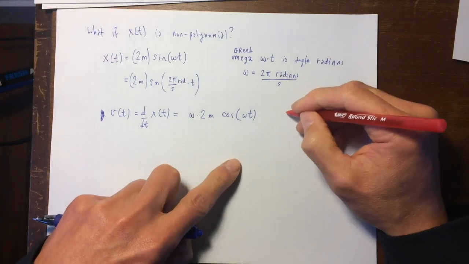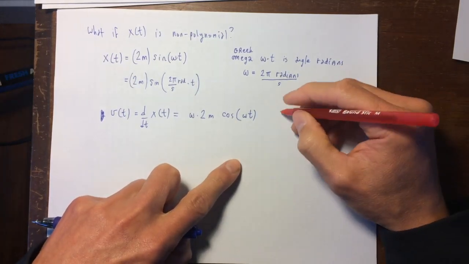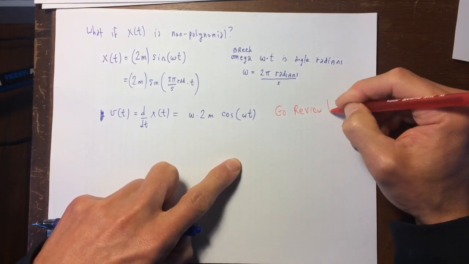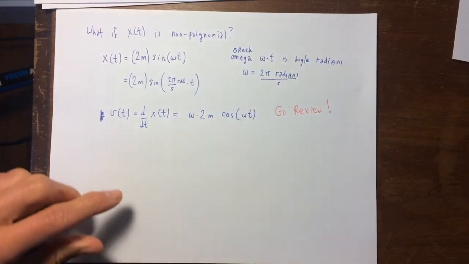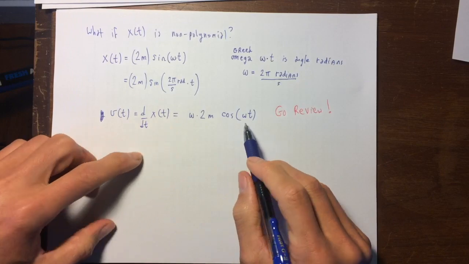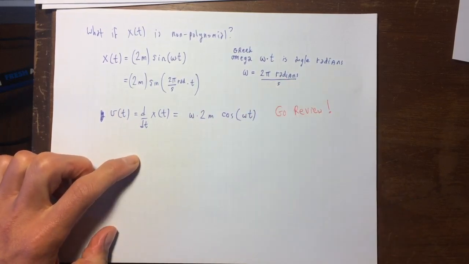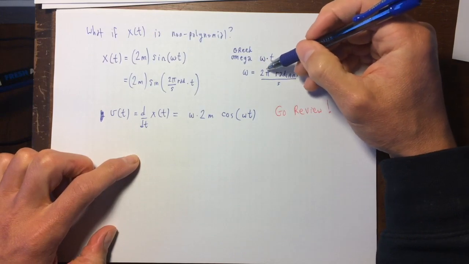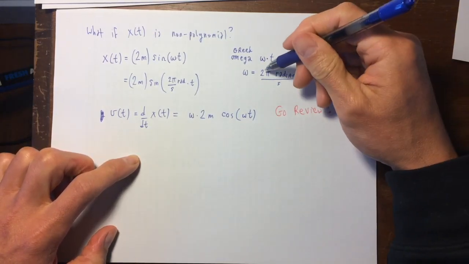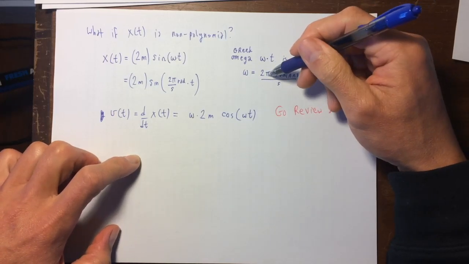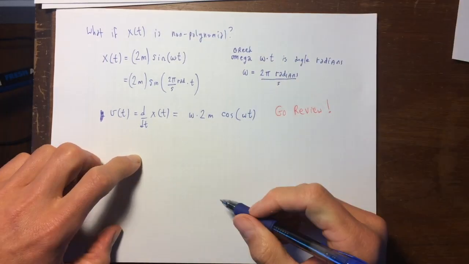And if this is at all weird, go and review. So I have to be really careful. Do you remember how omega is 2 pi radians per second? So you know that 2 pi is roughly 6.28, because pi is 3.14 and 2 times 3.14 is 6.28, right?